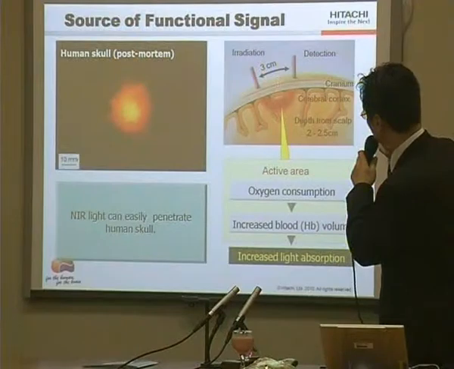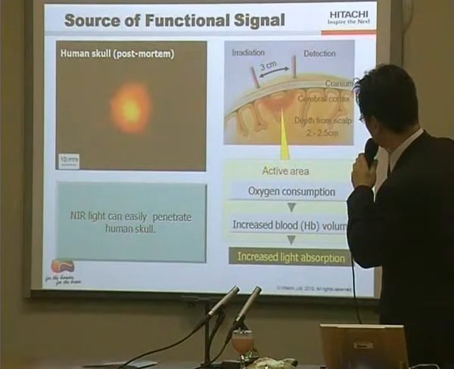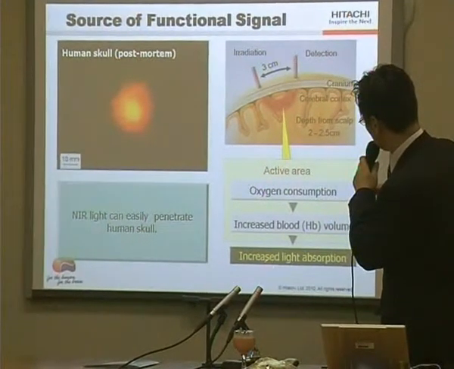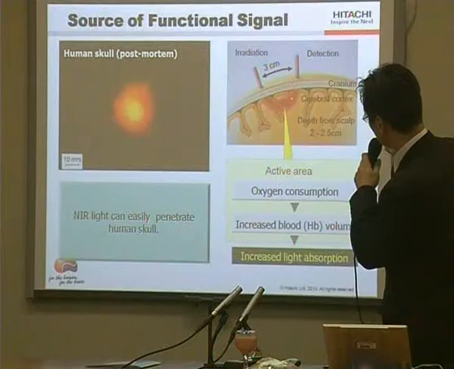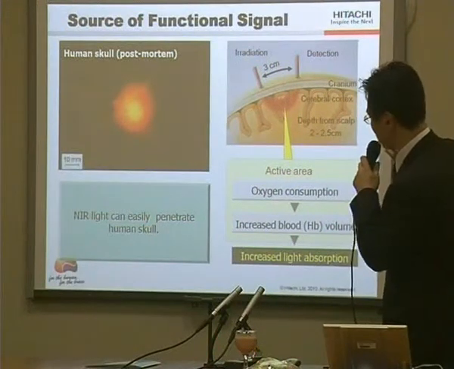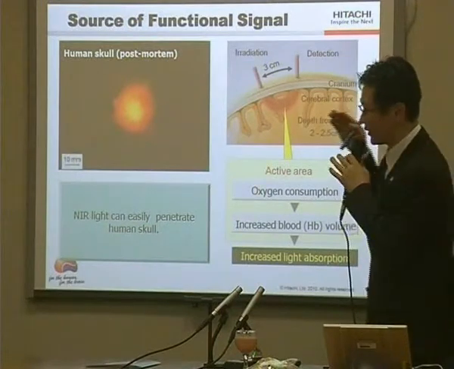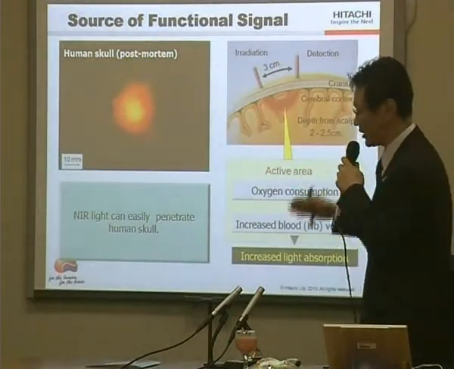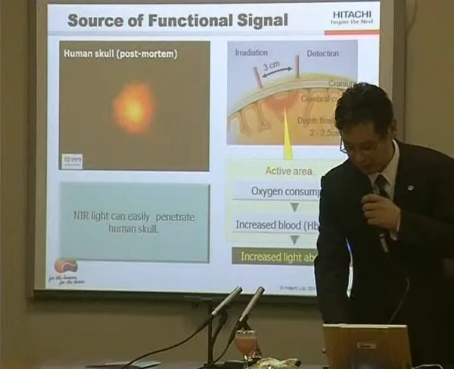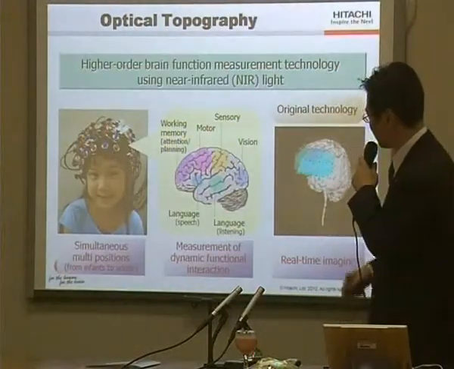So finally, we can detect the signal change. For example, if the blood increased, the light was absorbed by blood, so finally the signal decreased. That is a very simple principle of the probing.